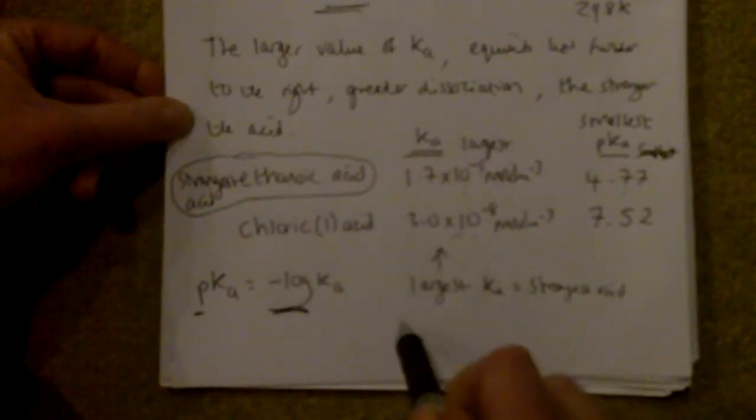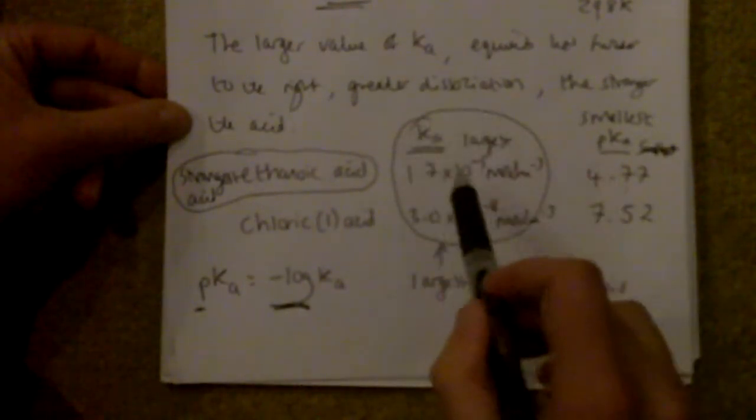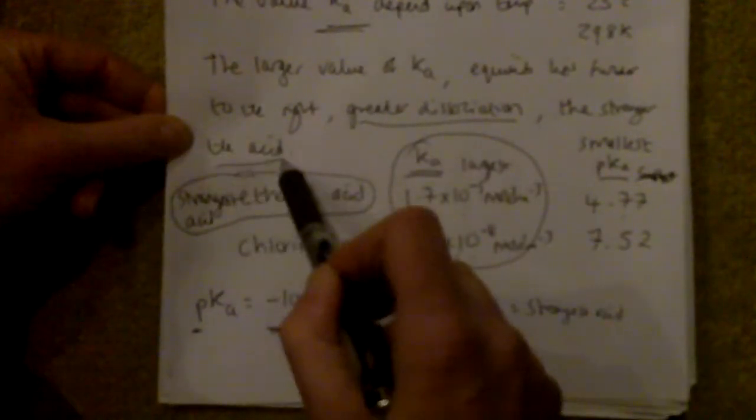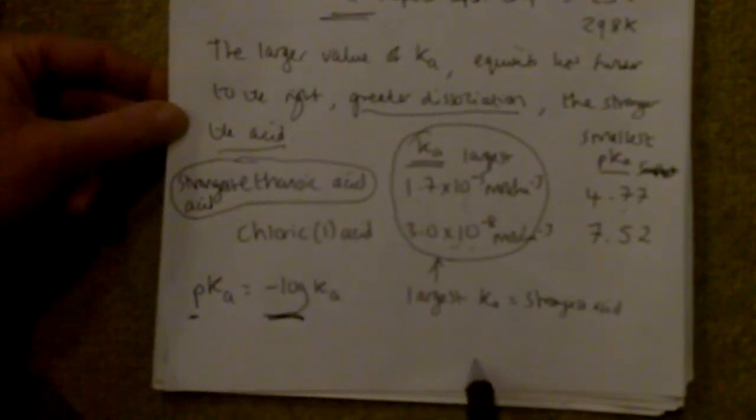Okay, so that's how you compare the acids. Largest Ka, equilibrium furthest to the right, greatest dissociation, stronger the acid. Smallest pKa will be the same thing.